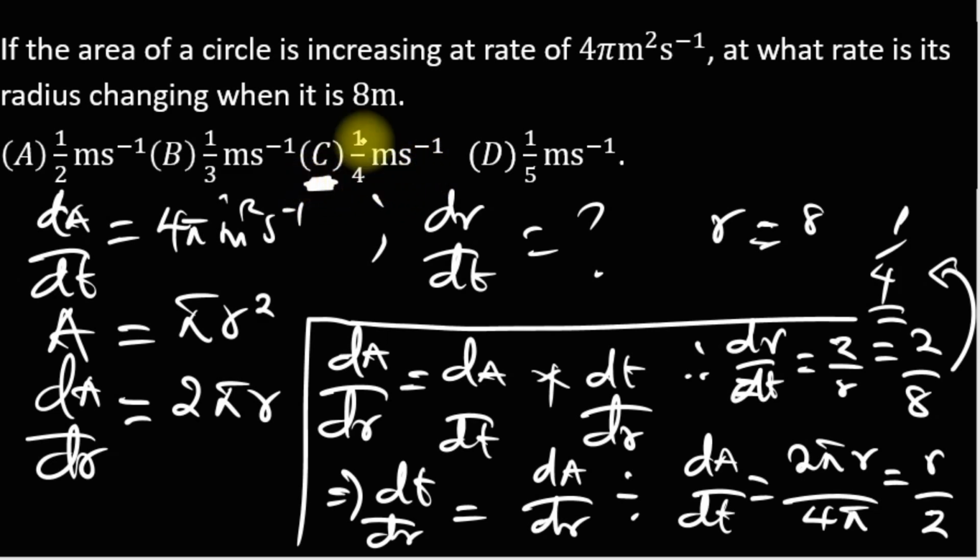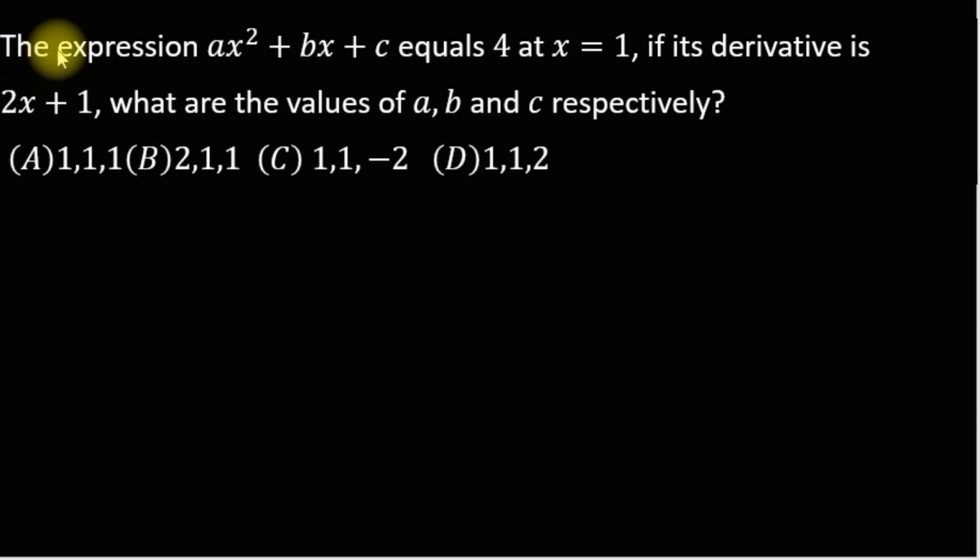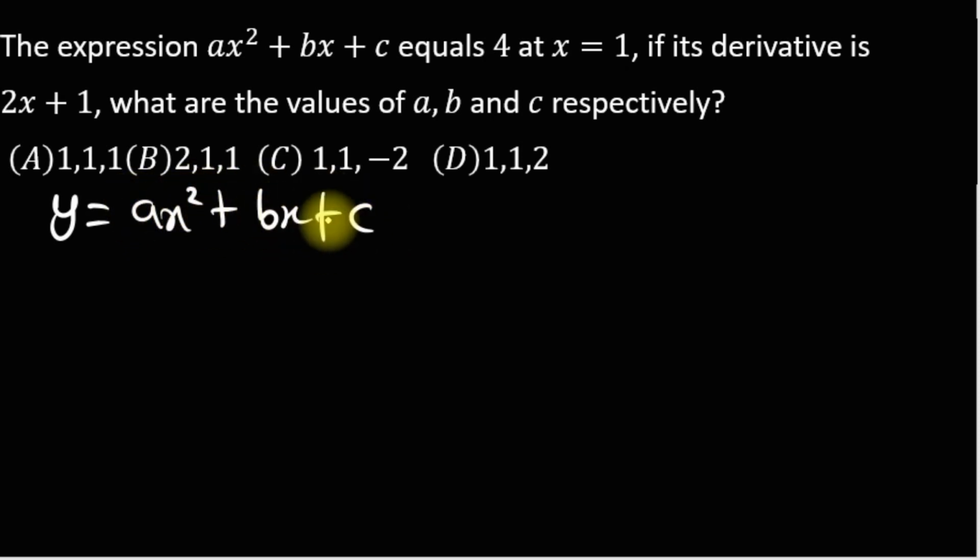The answer is C. We have the expression ax squared plus bx plus c equals 4 at x equals 1. If its derivative is 2x plus 1, what are the values of a, b, and c? If the derivative, okay, we are saying that y is ax squared plus bx plus c.